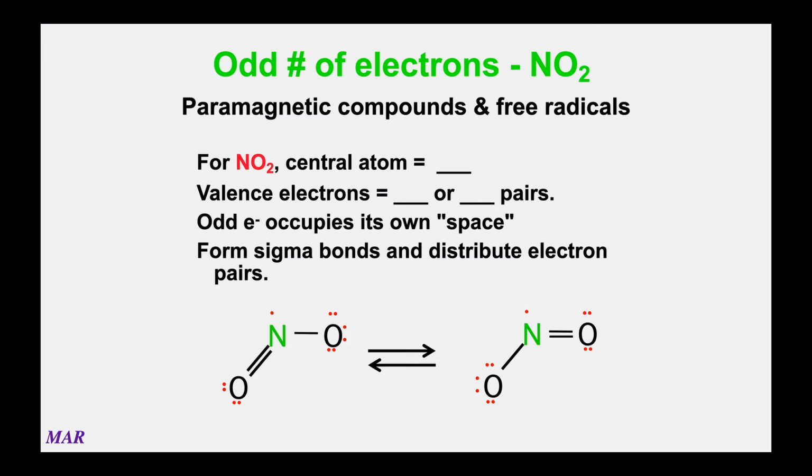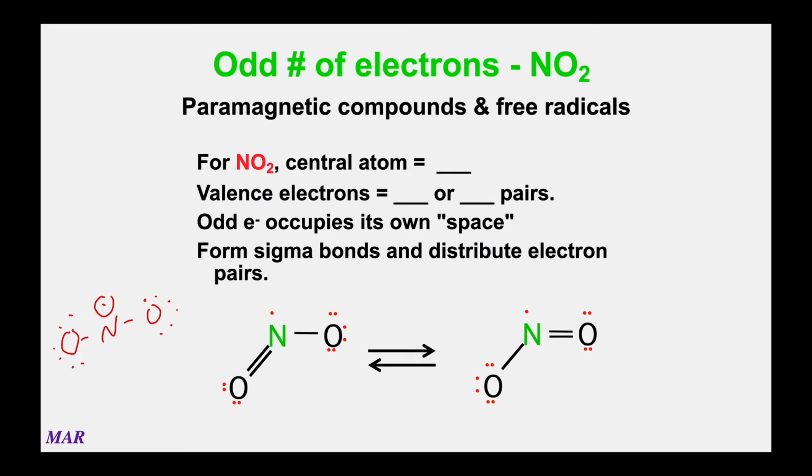So initially, you have an oxygen, a nitrogen, and an oxygen. 1, 2, 3, 4, 5, 6 lone pairs, 7, 8 with the bonding pairs. So that extra electron ends up by itself on the nitrogen, and that's its own space.